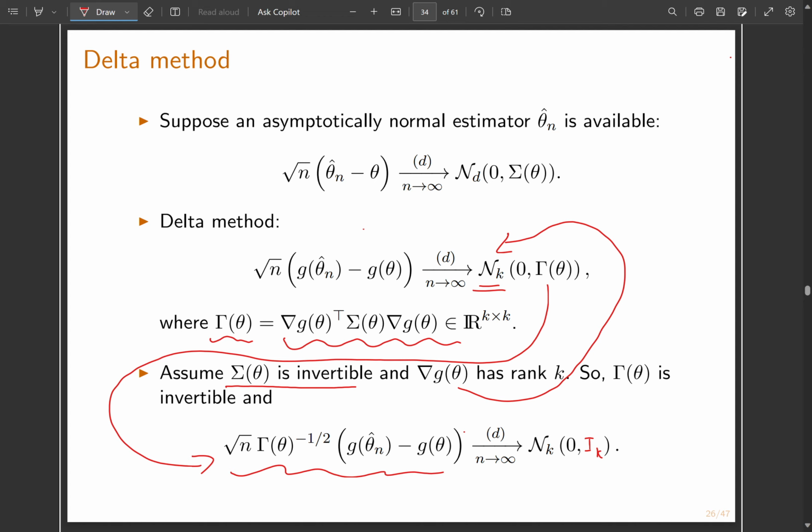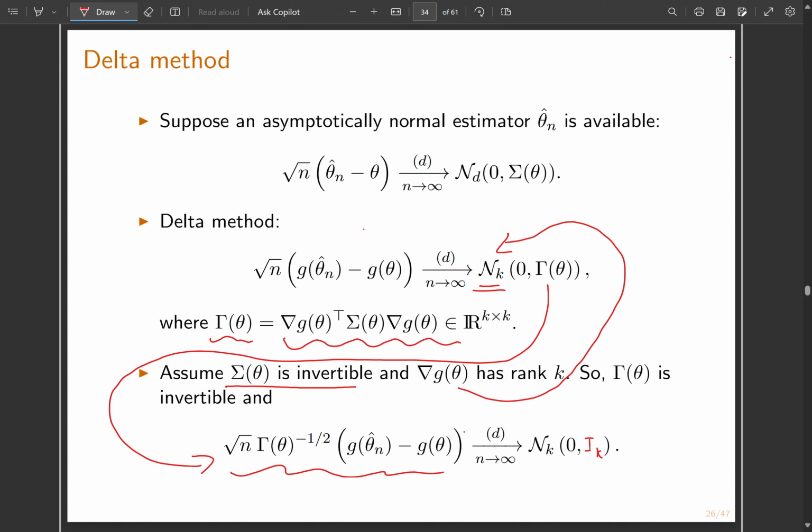And the delta method gave us an expression that g of theta hat minus g of theta is some kind of asymptotic normal N of k with a variance of gamma of theta, which is a product, with the assumption that sigma of theta is invertible and g of theta has a rank k.